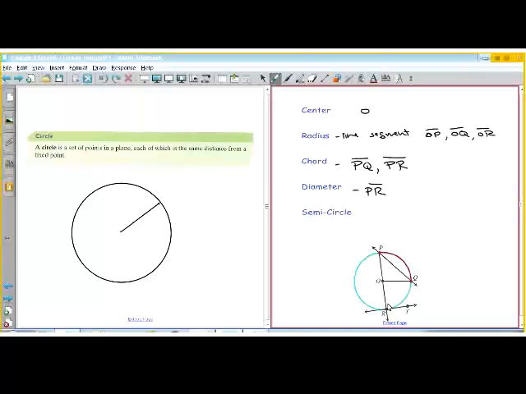That same line segment, PR, is also what we call the diameter. We could have RP or PR. The diameter is the line segment that goes from one side of a circle through the center to the other side.